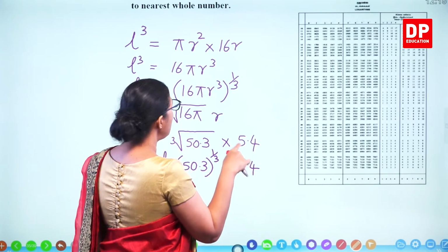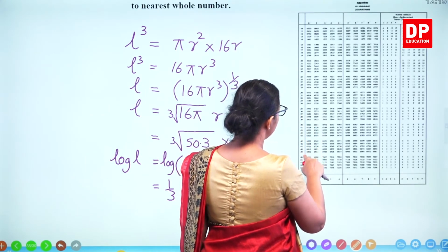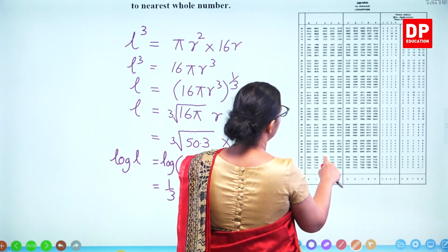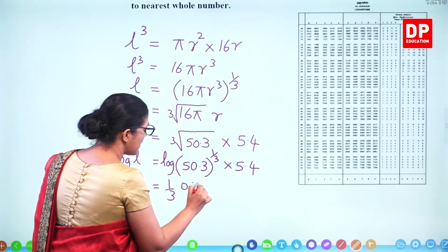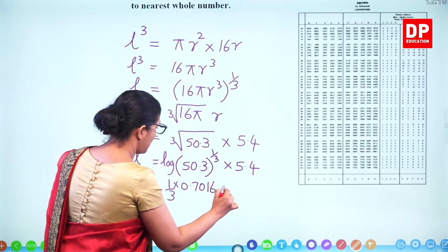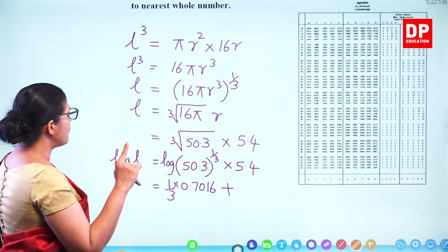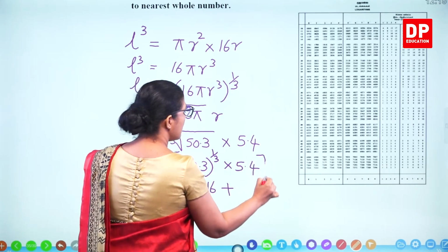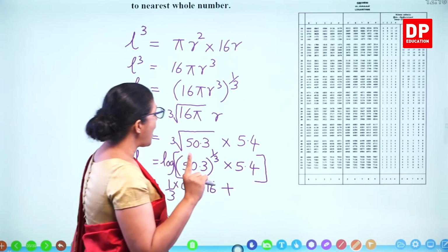So this is the normal logarithmic table. 50 and 3, 70, 16. Plus, because when you take log of this, multiplication becomes addition, 5.4.